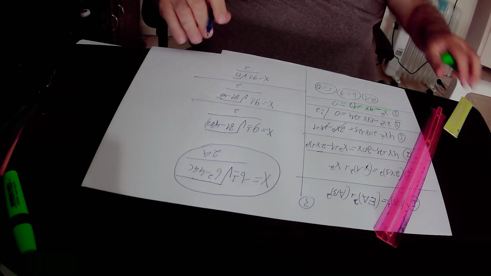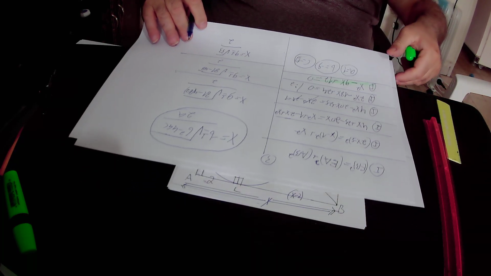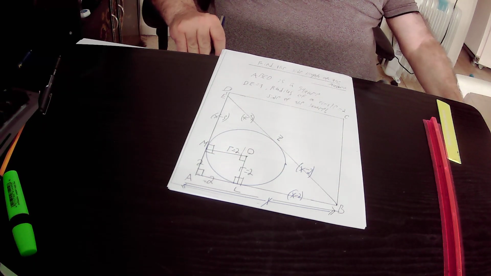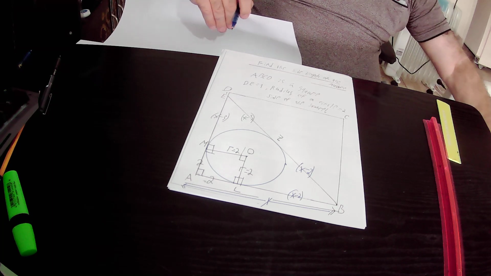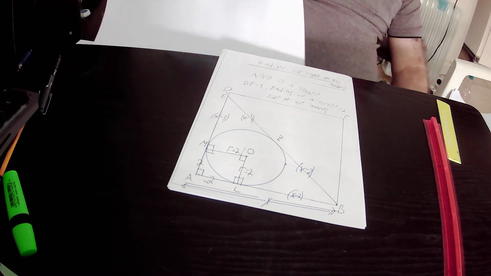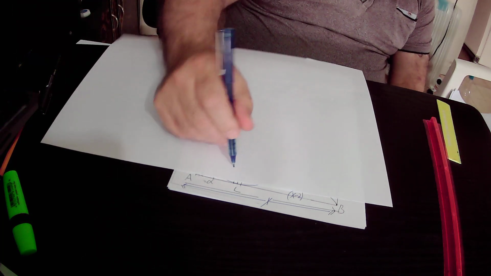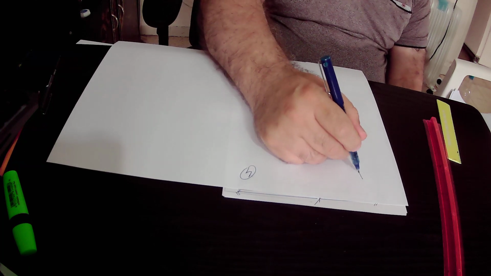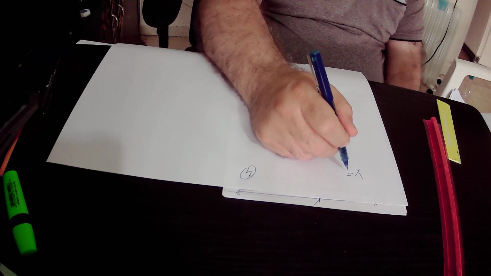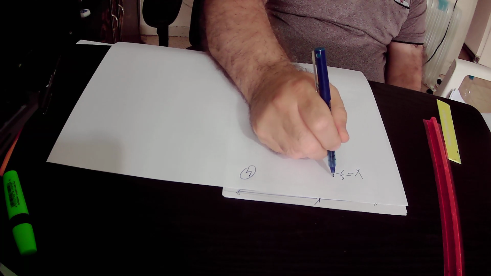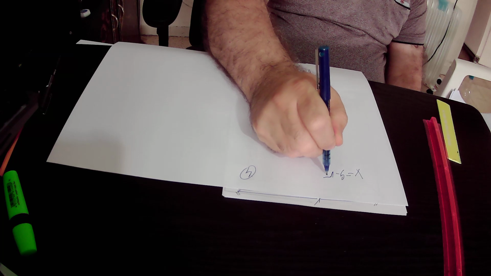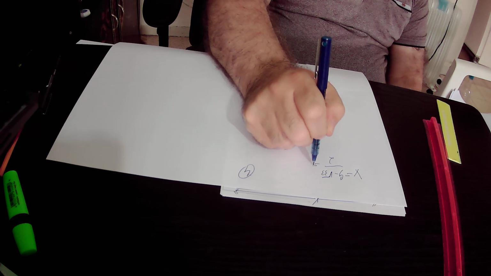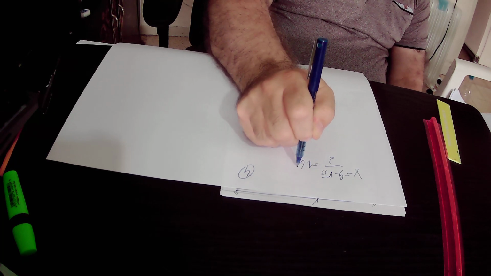So here we have two possible solutions for x. The first solution for x is that x equals 9 minus square root of 33 over 2. 9 minus square root of 33 over 2 is 1.62.